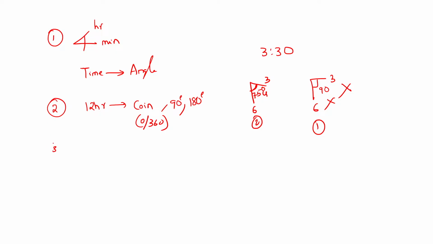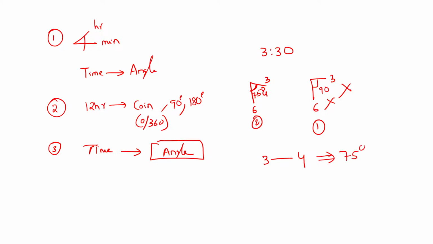Now the third model here is he is going to mention the time and you need to find out during that time when the given angle will be formed. For example, he will say: at what time between 3 and 4 are you going to get 75 degrees.